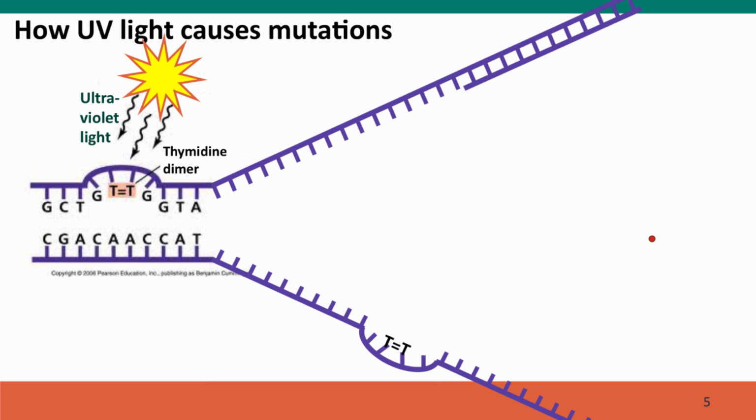Now, I'm going to go through one example in detail because this is a mutagen that we're all exposed to every day unless we live in the basement and we never go out. And that's ultraviolet light. We're exposed to lots of it if we go out in the sun. So ultraviolet light is a form of radiation, part of the radiation from the sun. It's the radiation that induces the browning reaction in our skin that we call a suntan.